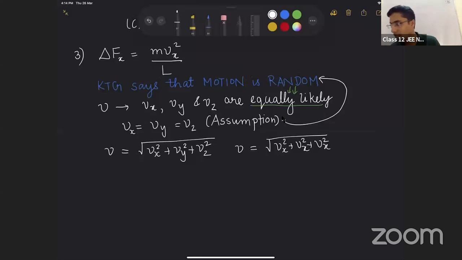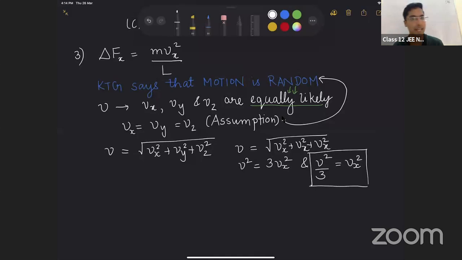Okay, so V square is 3Vx square, and hence V square by 3 is Vx square. This we can assume. I can see some doubts here. Are the velocities in all directions the same? They are not really the same, but we can assume that they are.